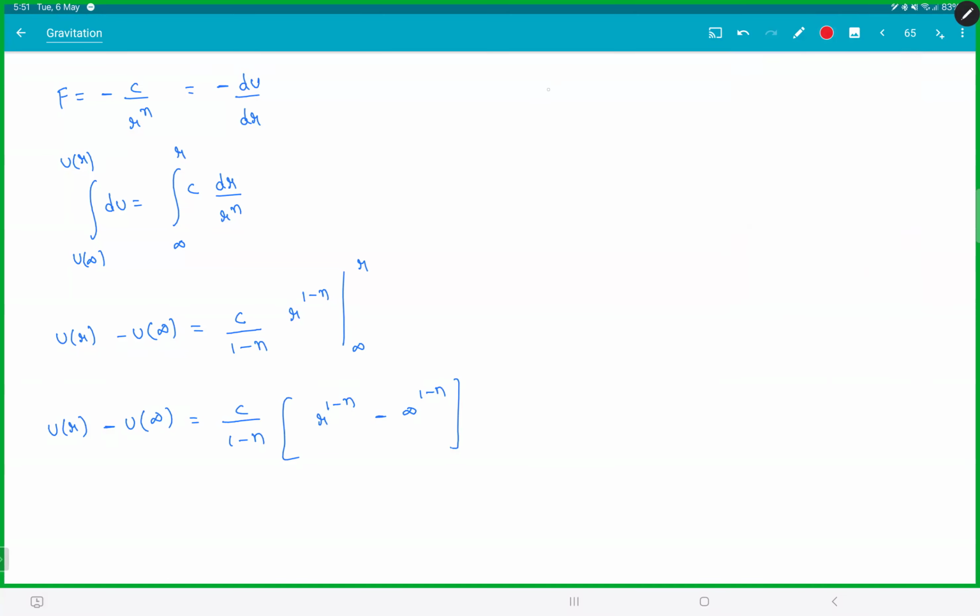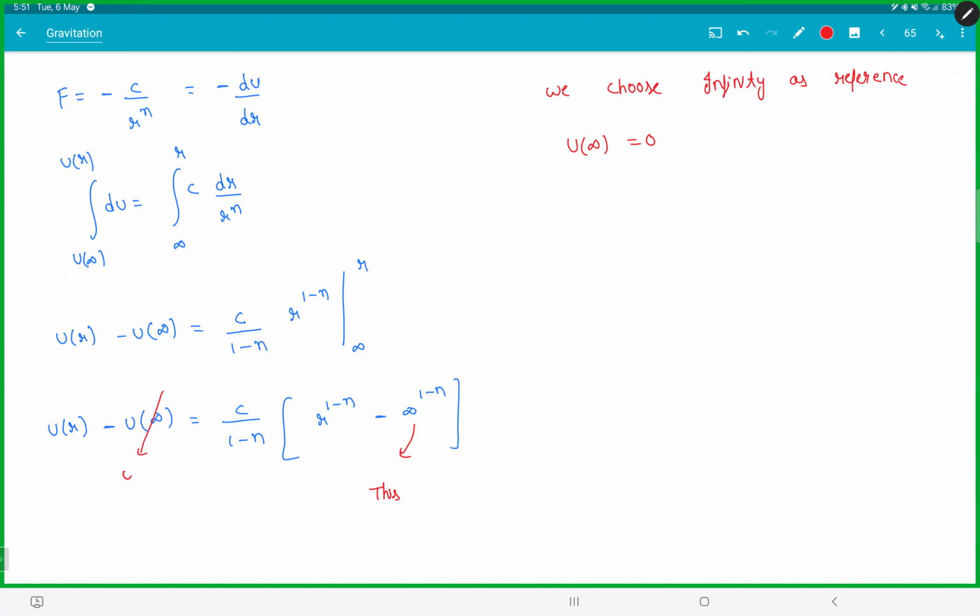Now we choose infinity as a reference. A simple reason is that at infinite distance there's no interaction between them, so we can say the energy is 0. So U of infinity must be 0. That means this second term has to be 0.